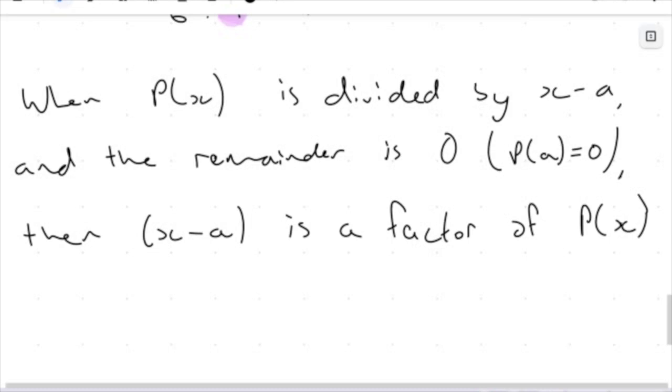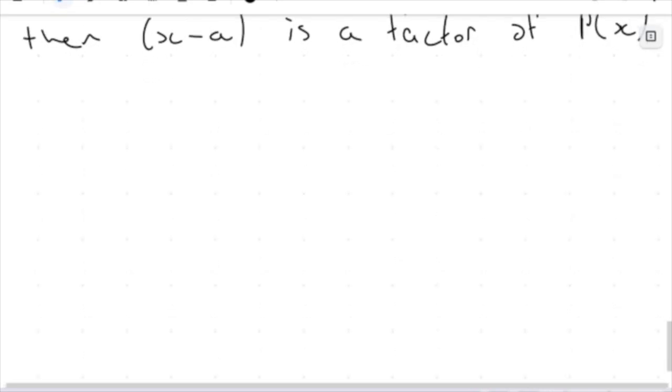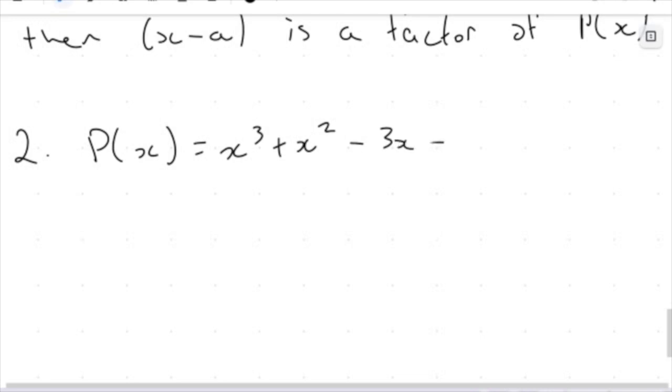And let's test this with a couple of examples. So we're trying to determine whether the divisor that we're taking is going to divide really nicely and give us no remainder, and in other words, it's a factor. So example 2, we're going to consider the polynomial p of x equals x cubed plus x squared minus 3x minus 6.